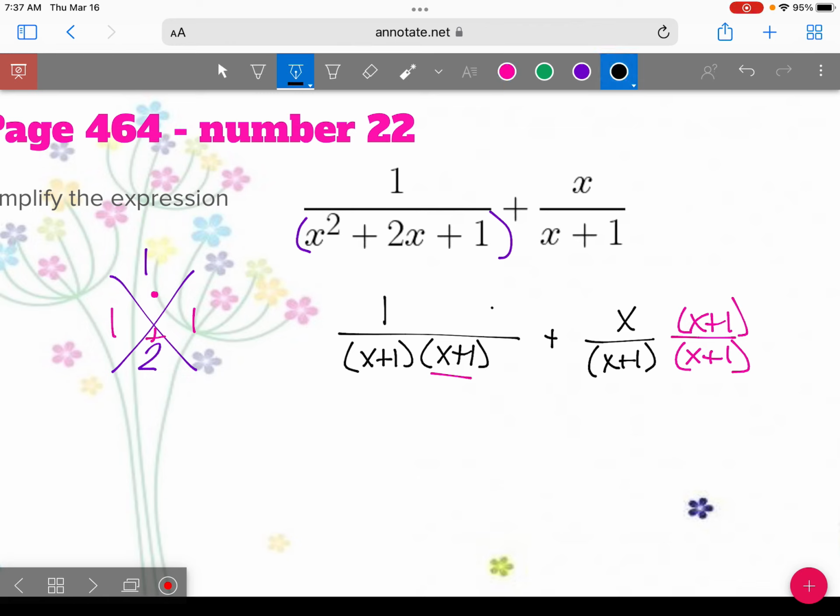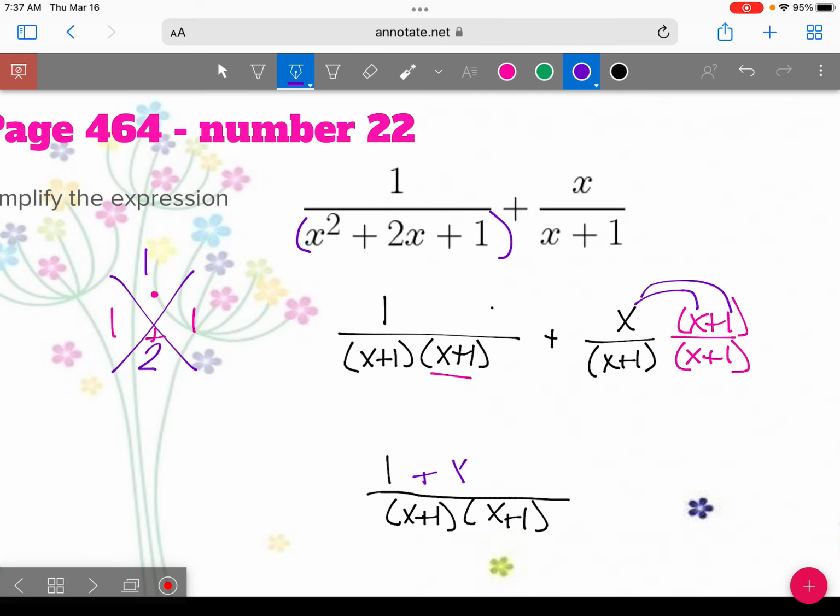So then we're going to try and add these guys together. I'm going to keep this factored form on my bottom, x plus 1 times x plus 1, or you can put x plus 1 squared. And on the top, we're going to have our 1, plus, and we're going to do this distribution here.